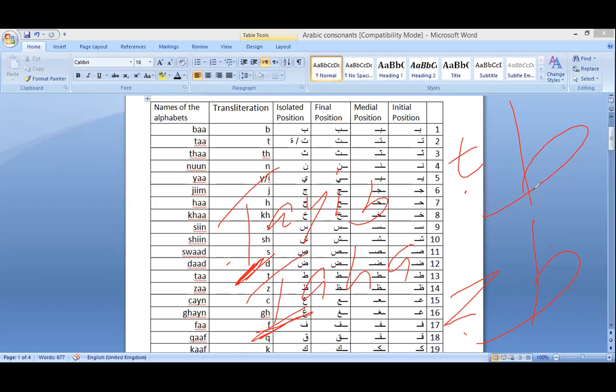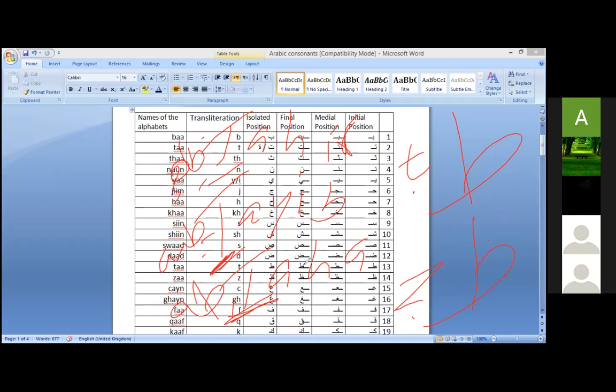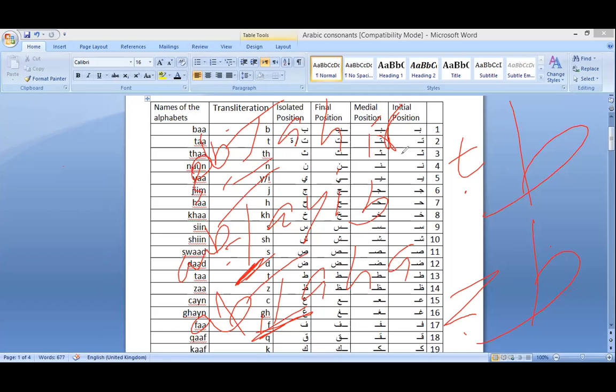How do you read this then? طاهر, right? So this is ta in Arabic because they all begin with ta. So that's the letter ta. You pronounce ta. This is ta, so you say Taha, Tayyib, Tahir, right?